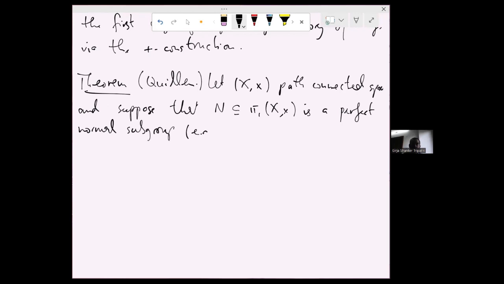So for example, if you take X to be your BGLR and take the identity as the base point, so this is only one element, a vertex. Then pi1 is just GLR, and its commutator is a perfect normal subgroup in here.